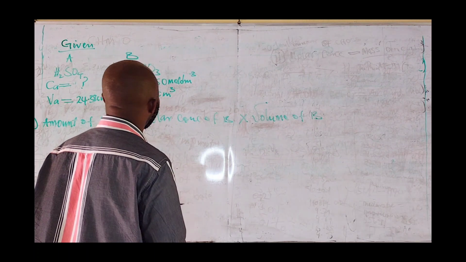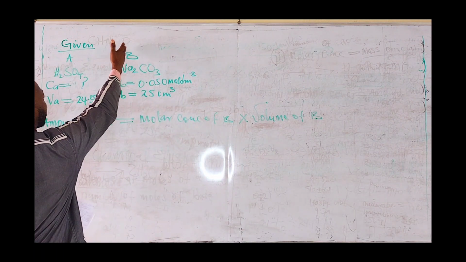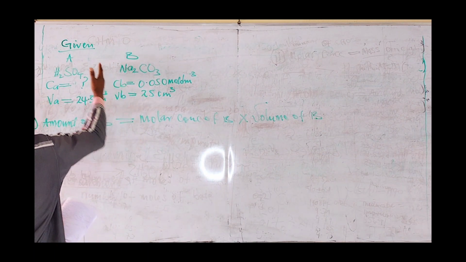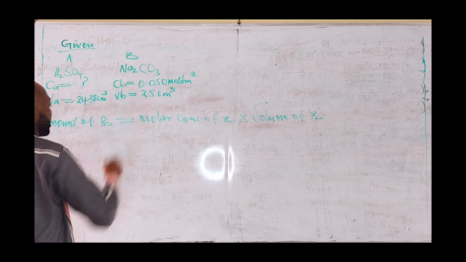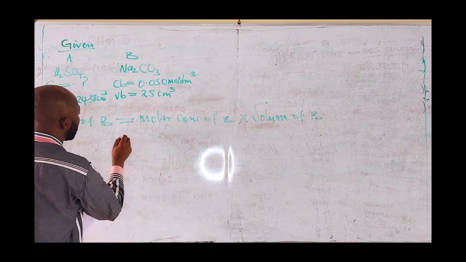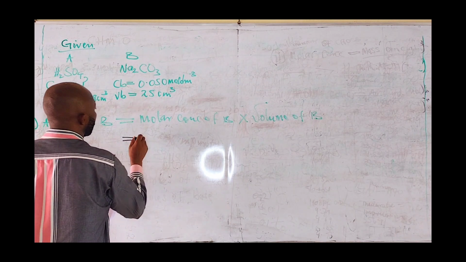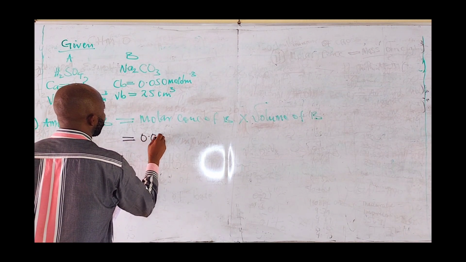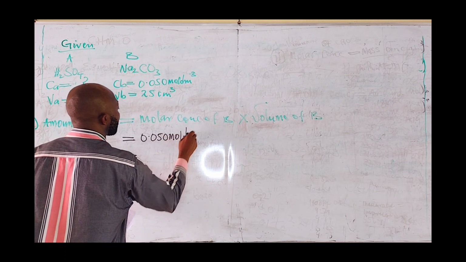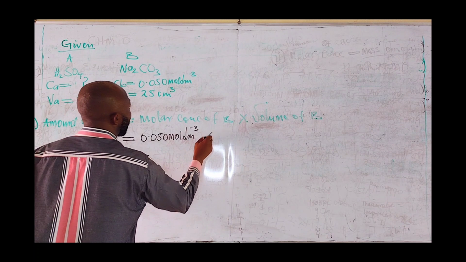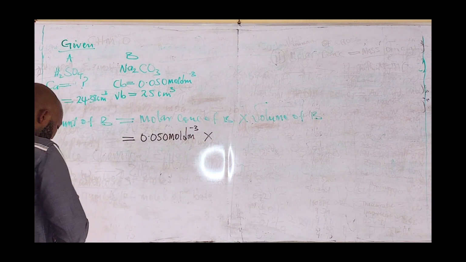Now, what is the molar conc of B? Obviously, this is our B section and this is our A section. Our B, we have the concentration of the base to be this. So, this is equals to 0.050 mole per dm cube times the volume.